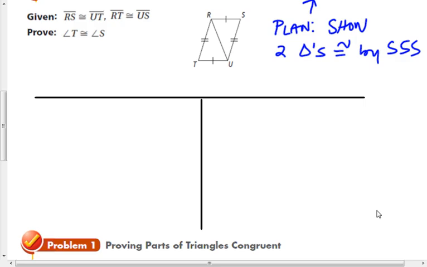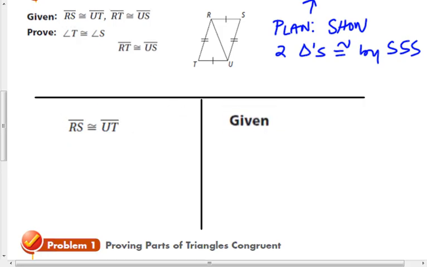All right, so remember our plan was to show that the two triangles are congruent by side. So we need three sides congruent. RS is congruent to UT, that's given.